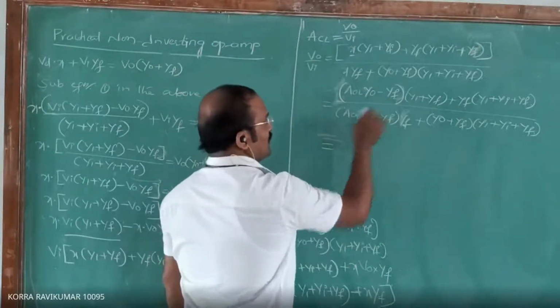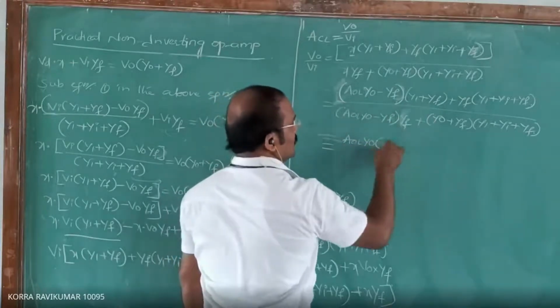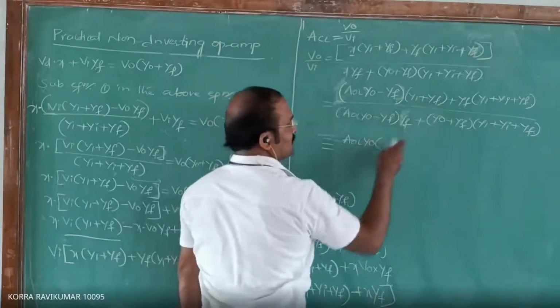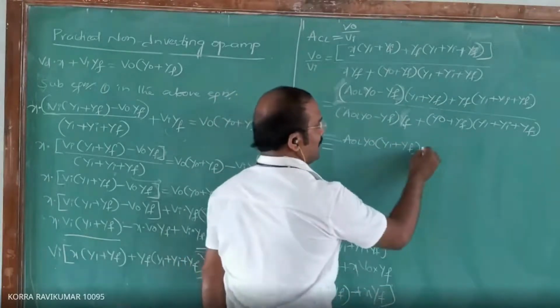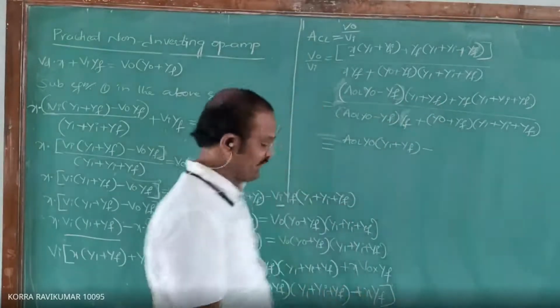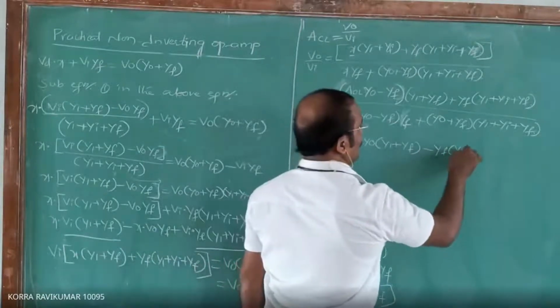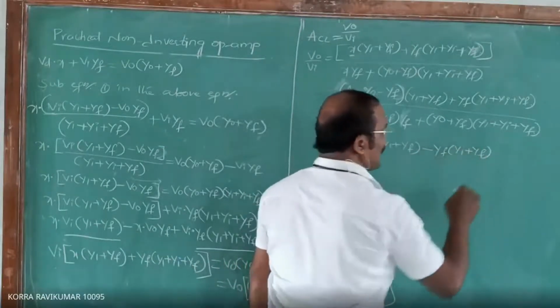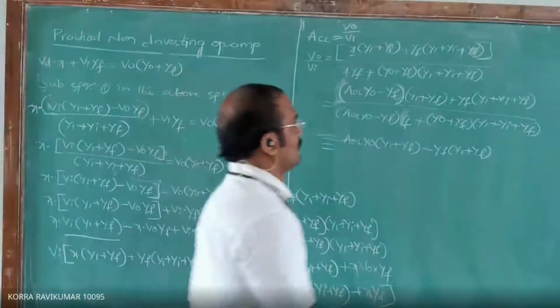AOL into Y0 into the term (Y1 plus YF), minus YF into (Y1 plus YF). Simplify that. I'm just simplifying, not doing anything else.